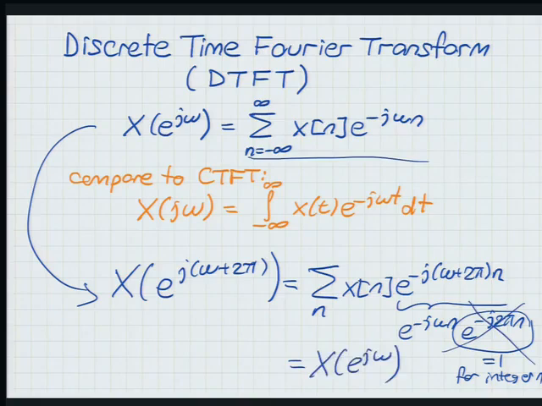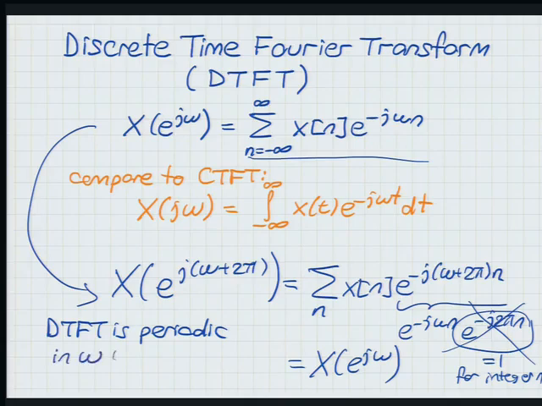Okay? So therefore, the discrete time Fourier transform is periodic in omega with period equal to 2 pi. And as a result of that, the synthesis equation is an integral over 2 pi.